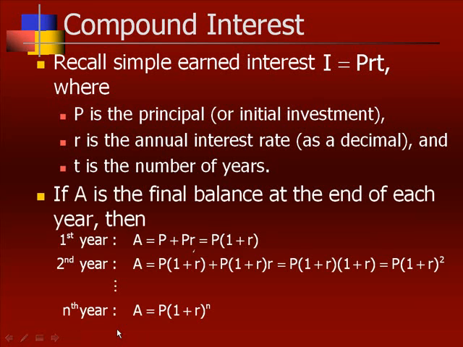If A is the final balance at the end of the year, then the first year we would say it's the principal plus the principal times the rate, which would give us P times 1 plus R. The second year, it would give us the amount at the end of the first year plus the interest earned in the second year. So our formula becomes A equals P times 1 plus R to the power of N.